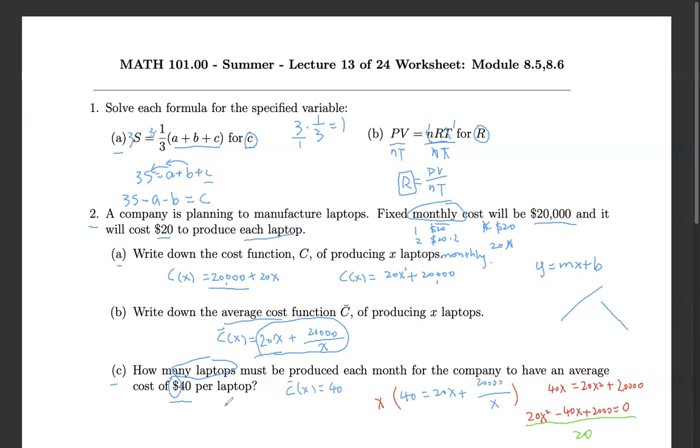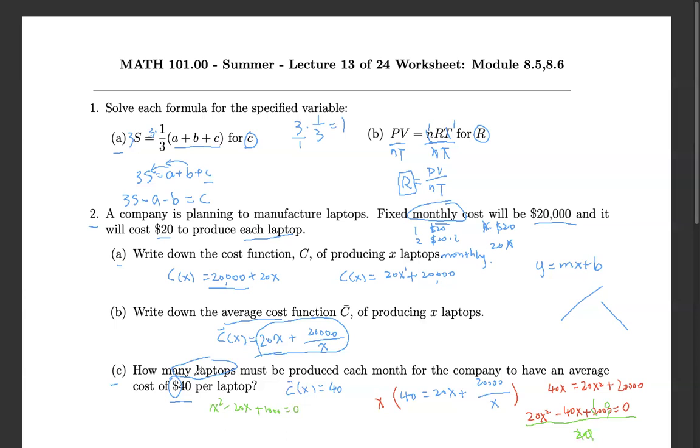Allow me to write here. 20X squared divided by 20, that's just X squared, and we don't bother to write 1 in front of X squared. Minus 40X divided by 20, that's 20X. Then 20,000, oh, I'm missing a zero here, it's 20,000. 20,000 divided by 20, well, 0 cancels with 0, 2 simplifies with 1, so that's 1,000. So plus 1,000 equals 0.